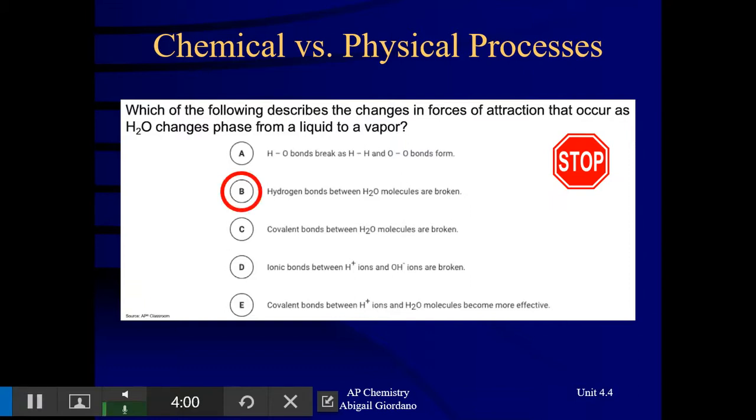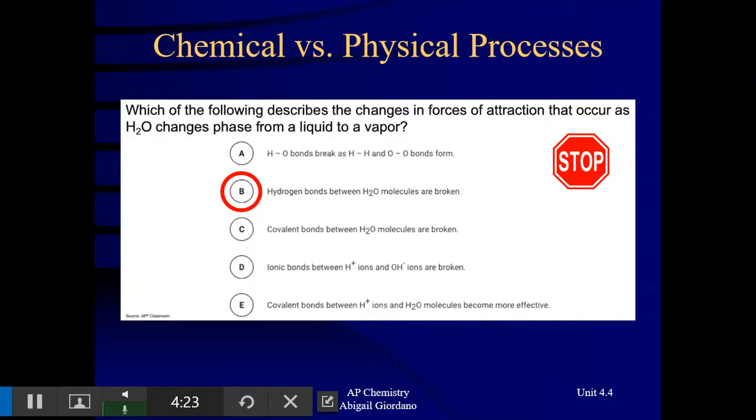B is going to be your answer. It's not going to be A, C, or D, because all of those are talking about actual bonds being broken.